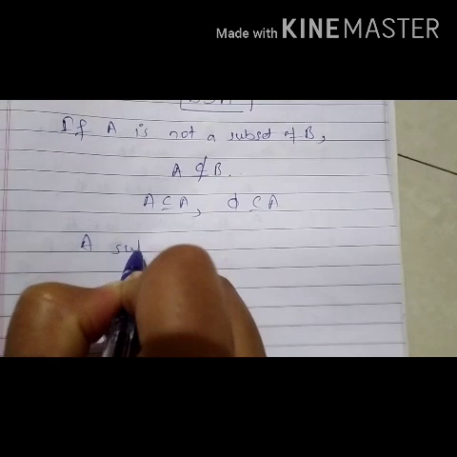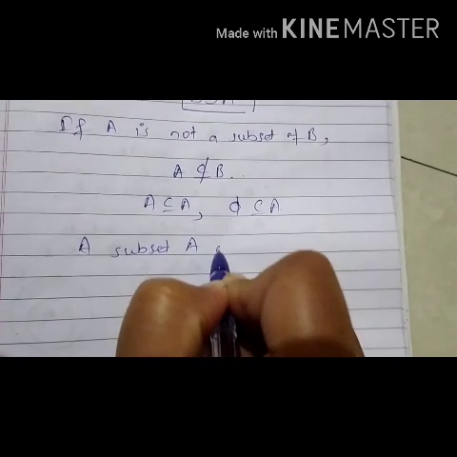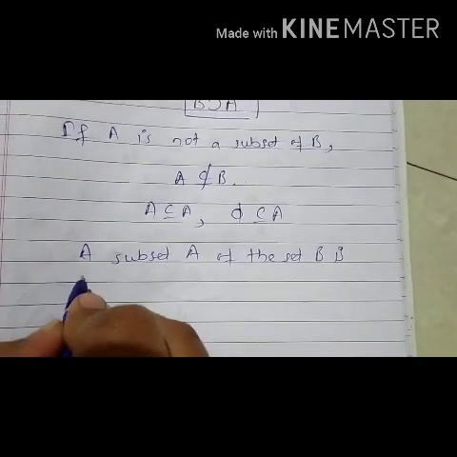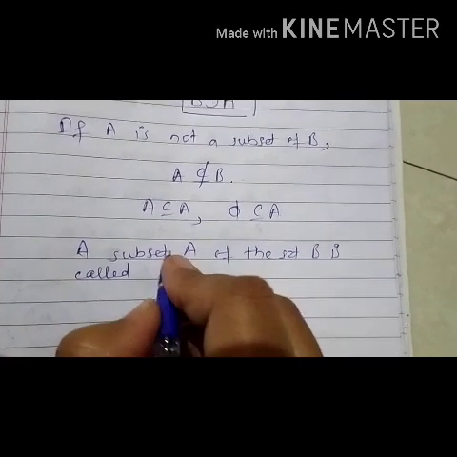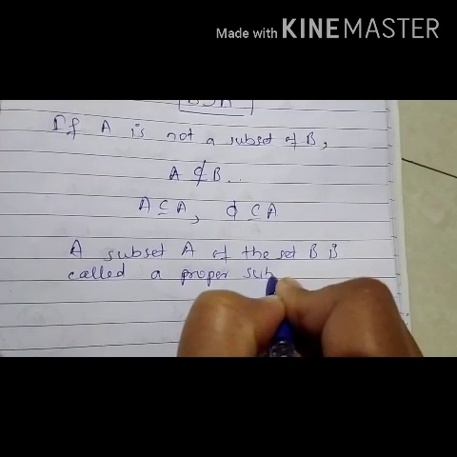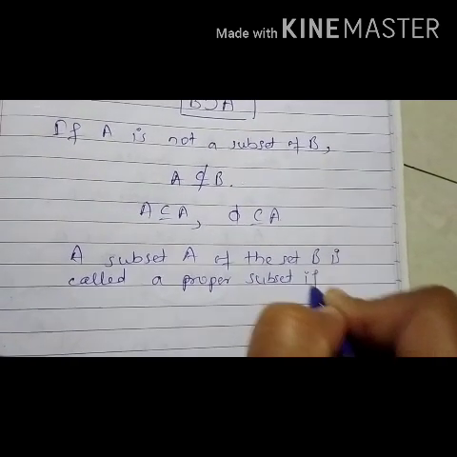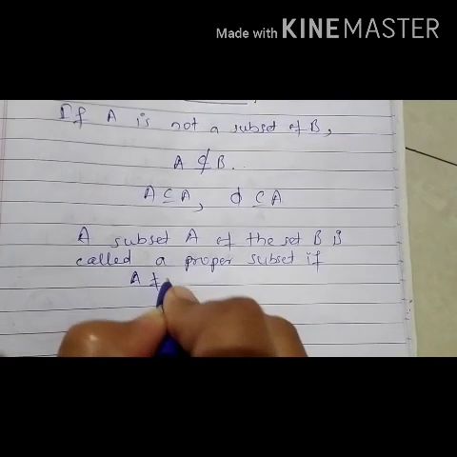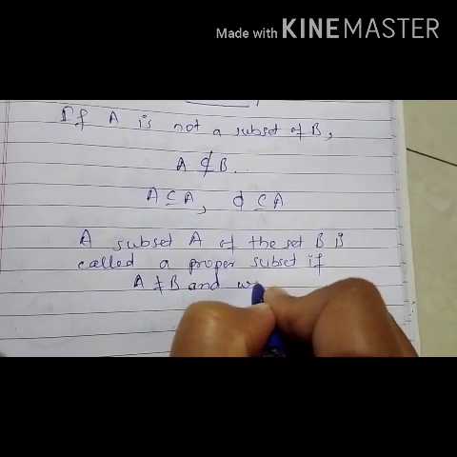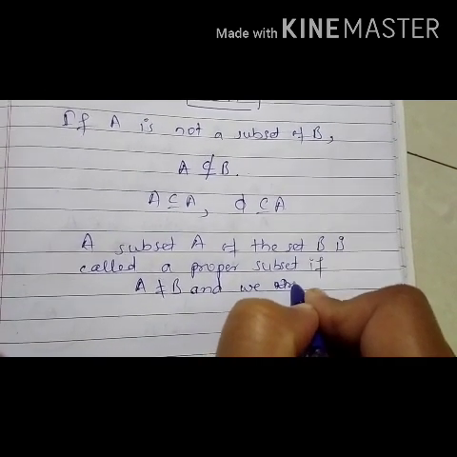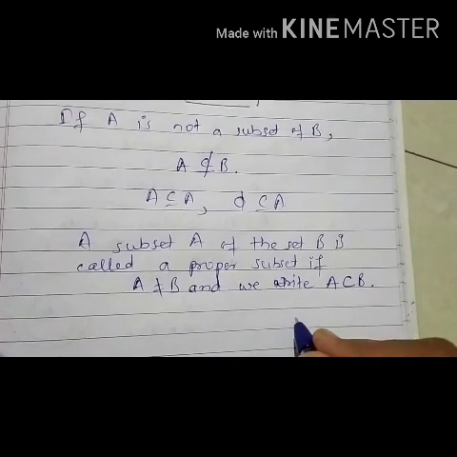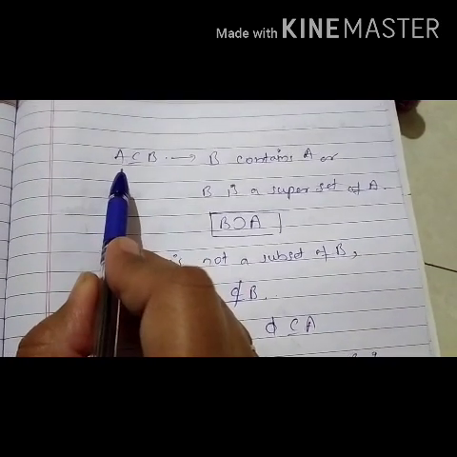A subset A of the set B is called a proper subset if A is not equal to B, and we write A subset of B. See students, there is a difference between the two symbols.